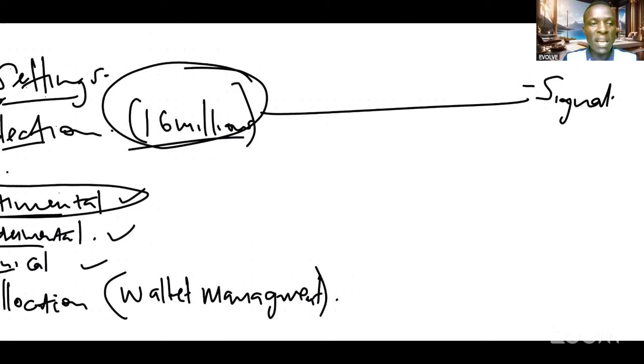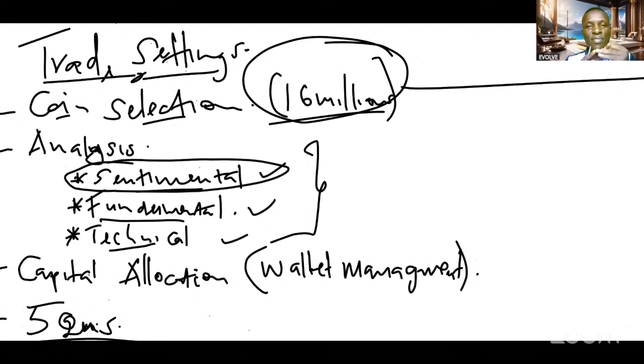Someone we believe is good at analysis has done his own analysis, sentimental, fundamental and technical, and perhaps he has seen an opportunity in that particular coin, and then he will signal you to trade that coin. Do we copy? That is called a signal.